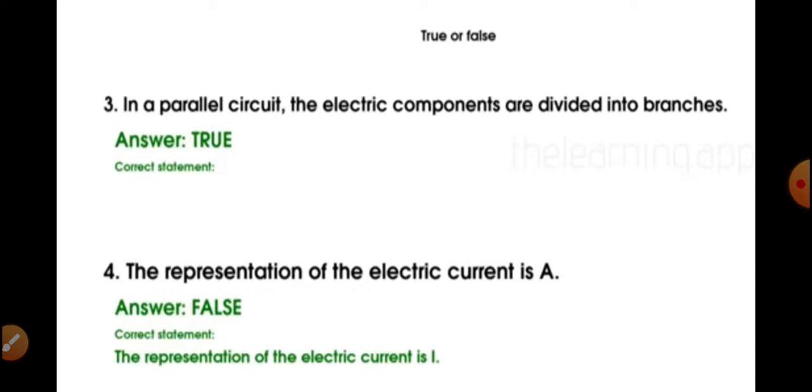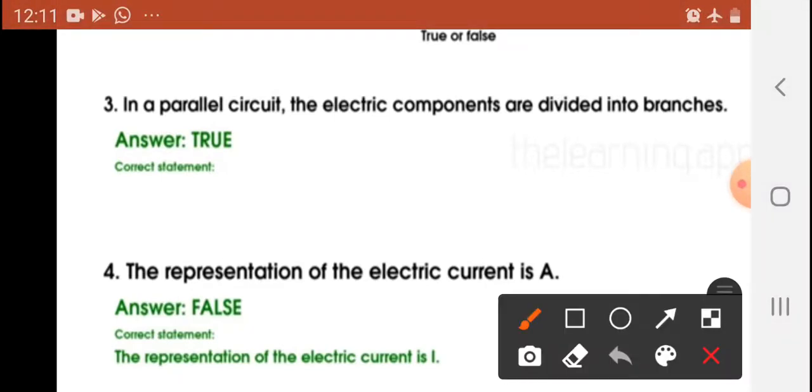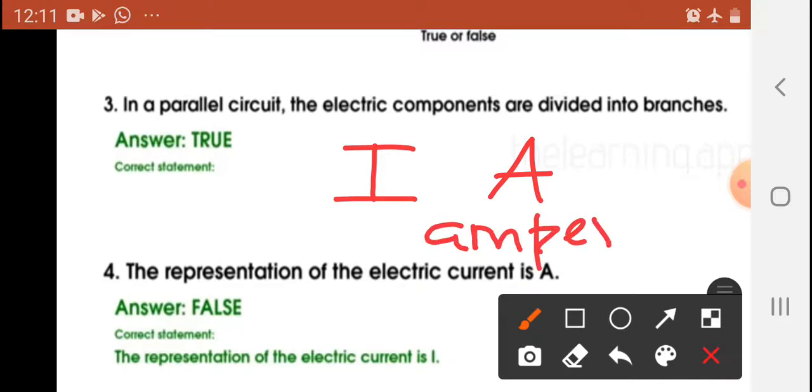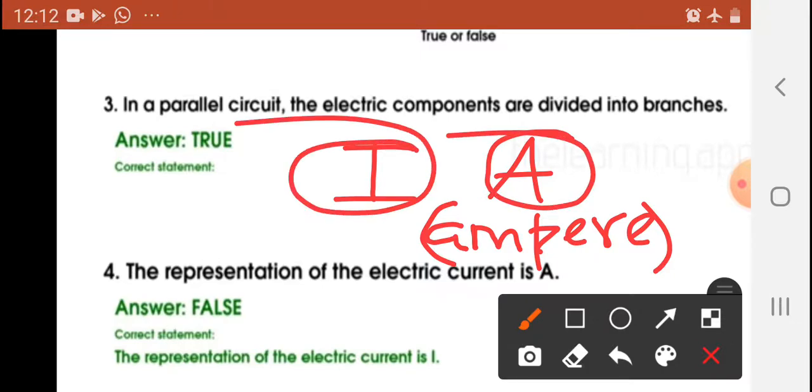Fourth one, the representation of electric current is A. So the representation of electric current, we have to denote current I. We have to represent the symbol I. The SI unit of current is ampere, A, symbol, or we can write AMPERE, ampere. Okay, this is the unit, capital A, and this is the symbol of current.